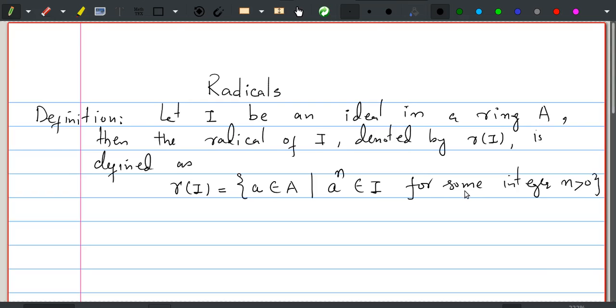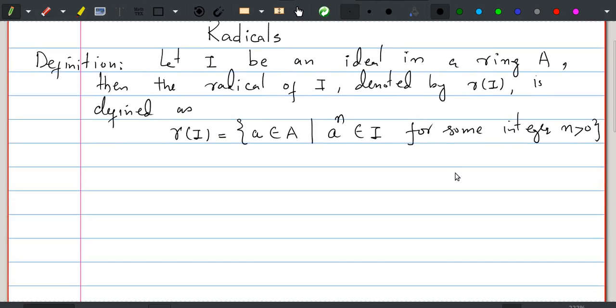So this n has to be a positive integer. So then this R of I is called the radical of ideal I, and we claim that this set is actually an ideal of ring A.